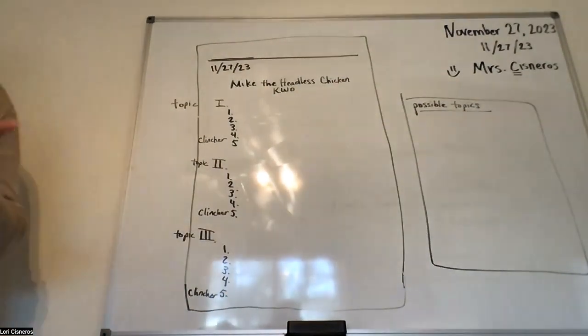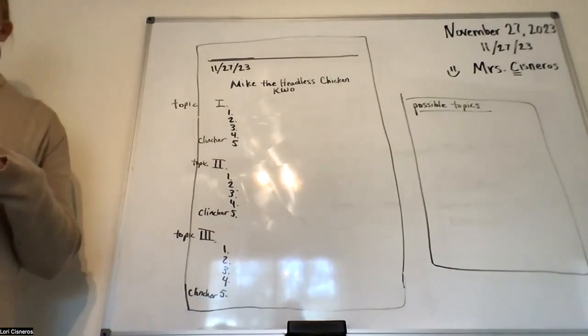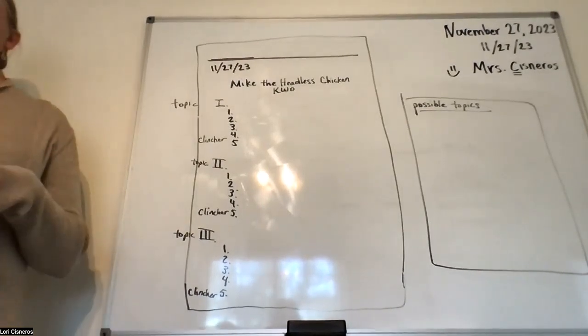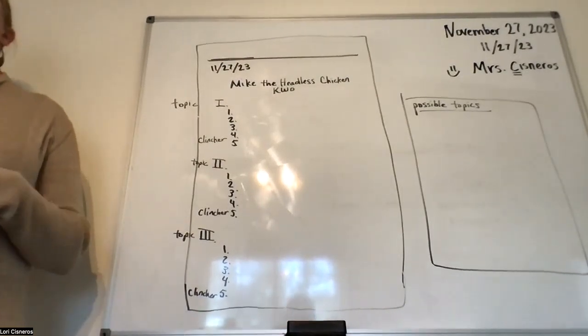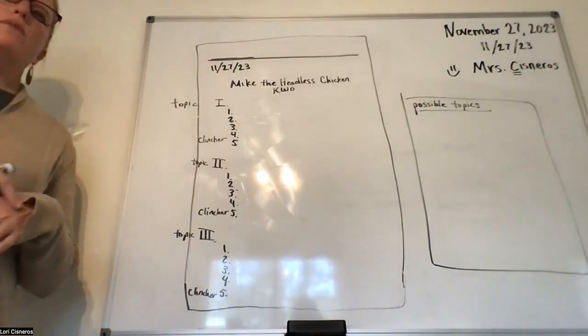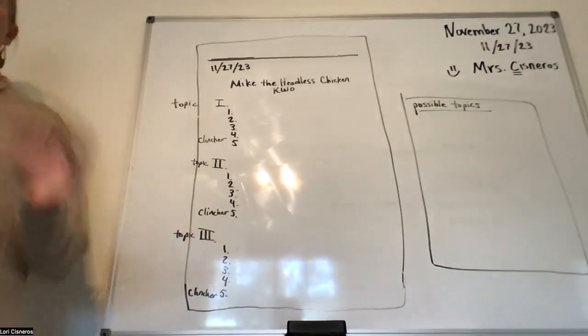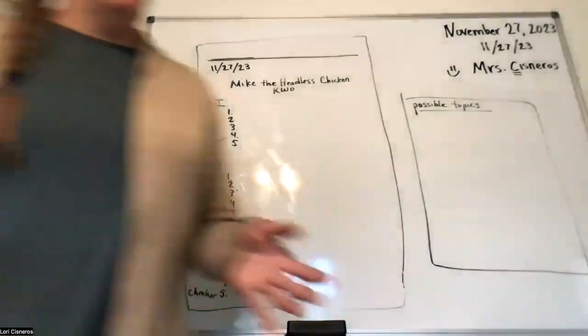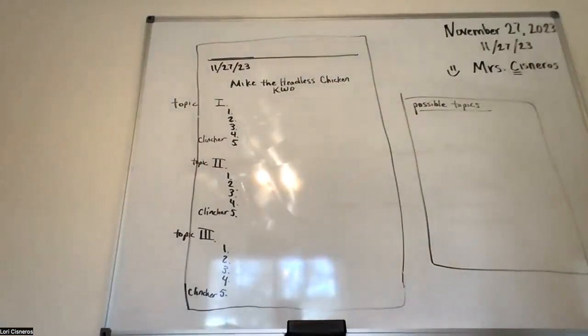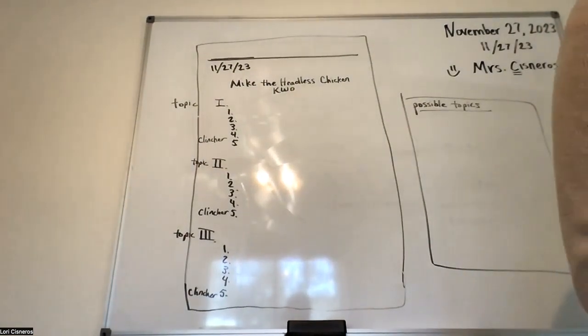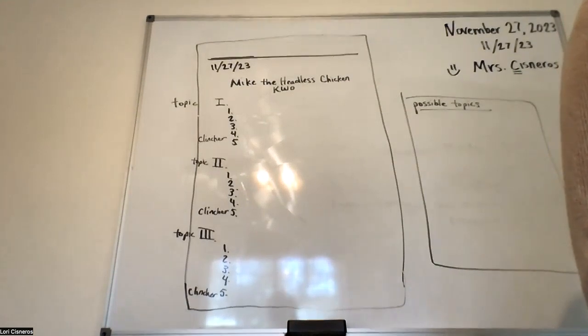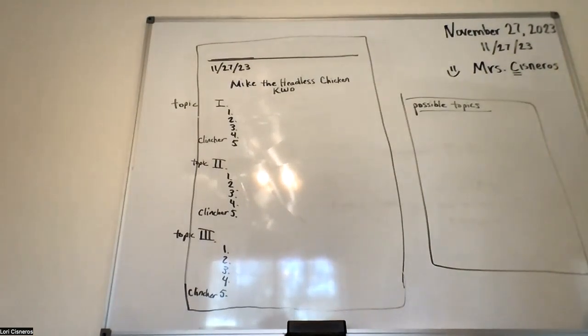Now I'm going to read this, and just to start, you can underline, highlight, or write notes in the margin. Whatever stands out to you, go ahead and mark it on the original story. And then we'll see if we can come up with some possible topics and fill that in. All right.